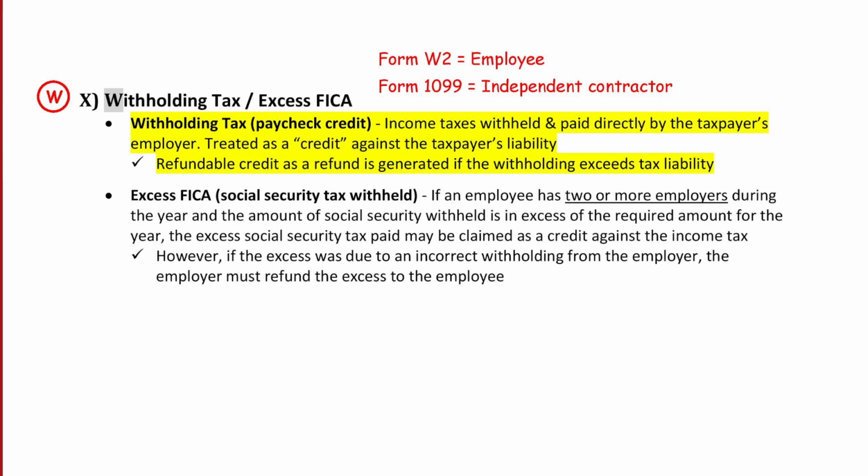Now, just in case from the employee's paycheck, if there is excess FICA or social security tax withheld, and this could happen if an employee has 2 or more employers during the year, the excess FICA may be claimed as a credit against the income tax.